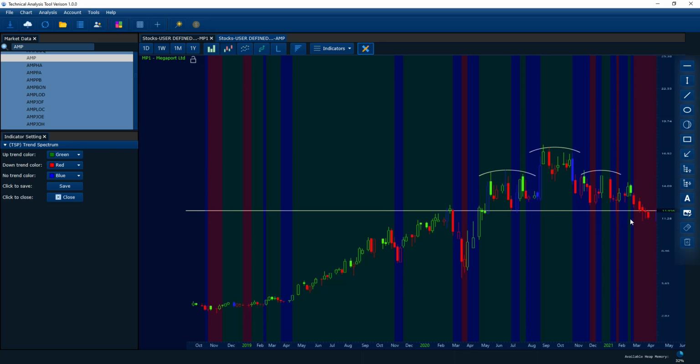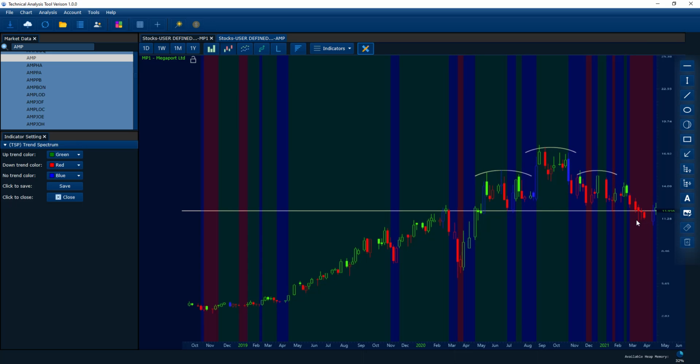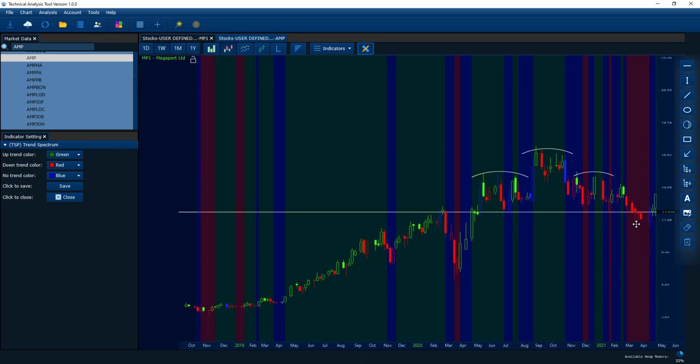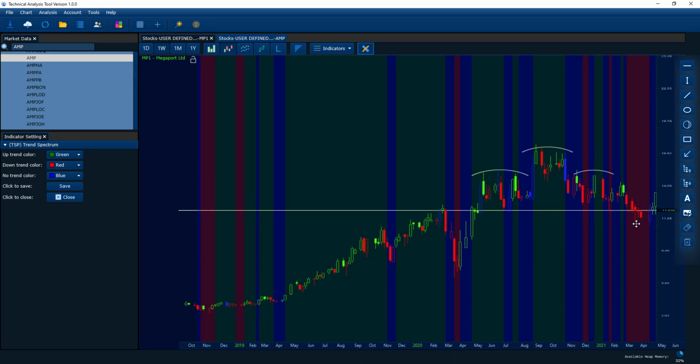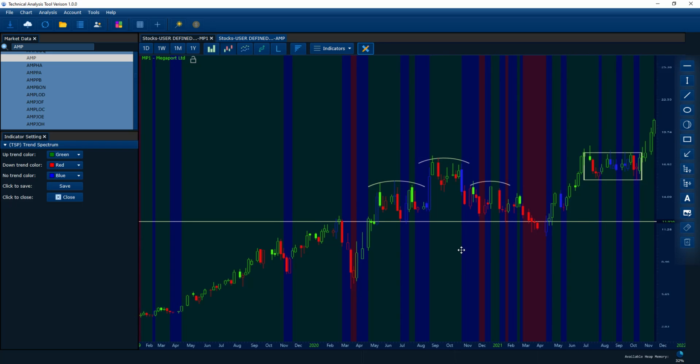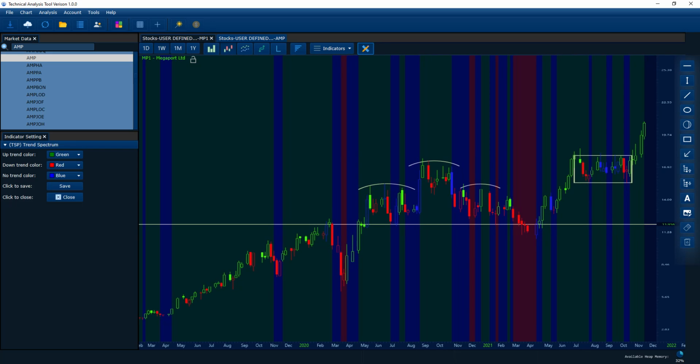Actually, it's a weekly chart, and you don't buy long when the weekly chart is in a downtrend, right? So you have to wait and see. As you can see, the spectrum actually provides valuable information. Okay, so let me just see.